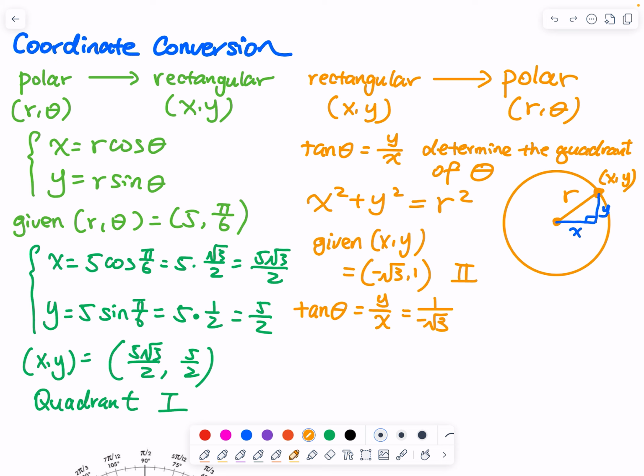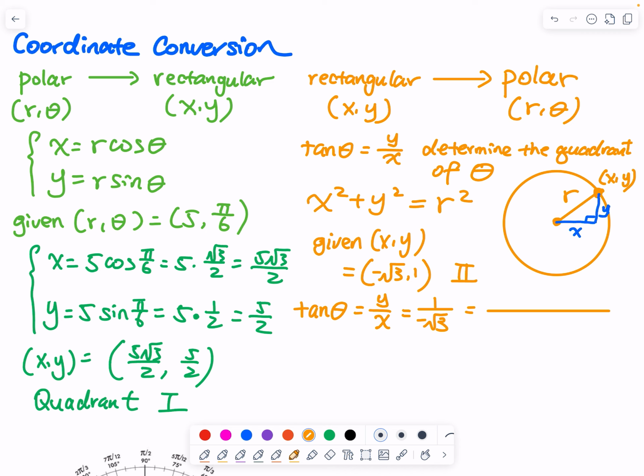In quadrant 2, which point has an x coordinate with a root 3 in it? If you have a unit circle next to you, take a look, or pause the video and go take a look.